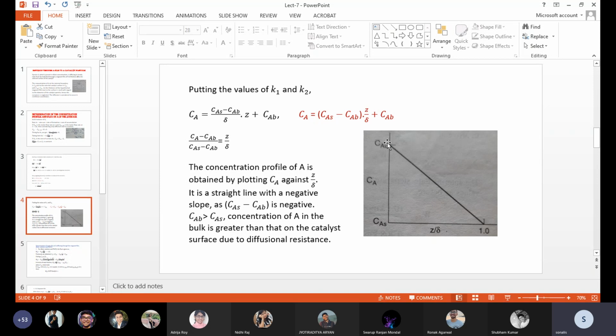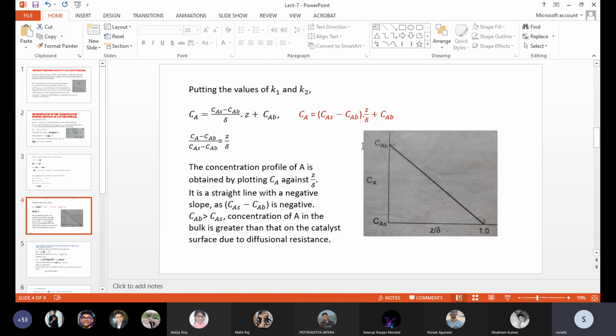Now if we plot CA, the concentration of A, against z by delta, where z is that small element and delta is the thickness, the curve is a straight line. This way we can also write the equation: (CA minus CAb) by (CAs minus CAb) is equal to z by delta.